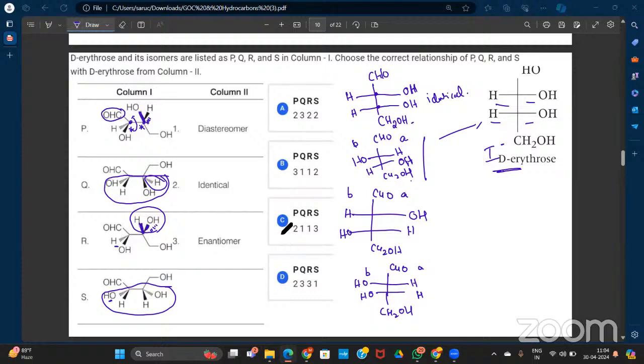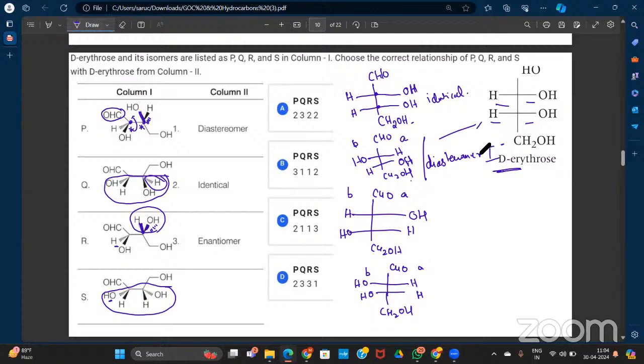Diastereomer. Now, you can see that one configuration is going to remain the same. So you can see H, yes, it remains the same. But the first chiral carbon configuration is different.